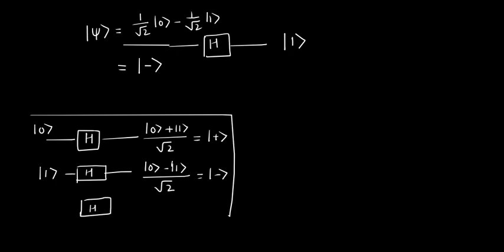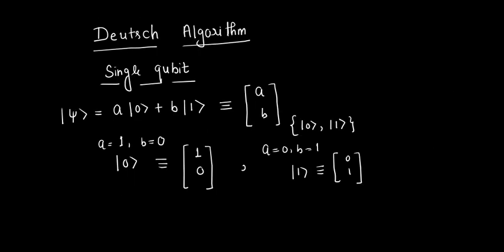If we apply H to the plus state, we will get ket 0, and if we apply it to minus, we get ket 1. So these are the results which will be helpful when we study the Deutsch algorithm.